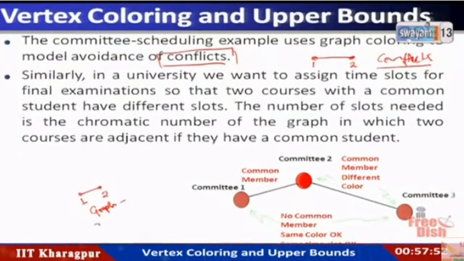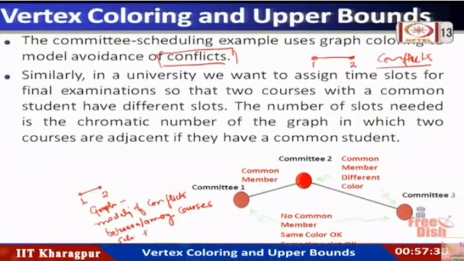So the graph is nothing but the modeling of the conflicts between courses such that the adjacent vertices like this can be scheduled in different slots.